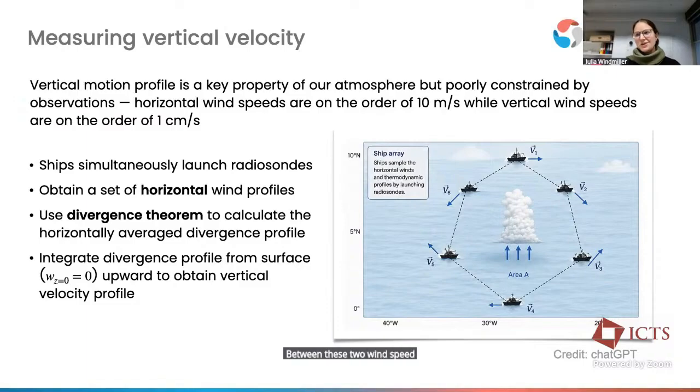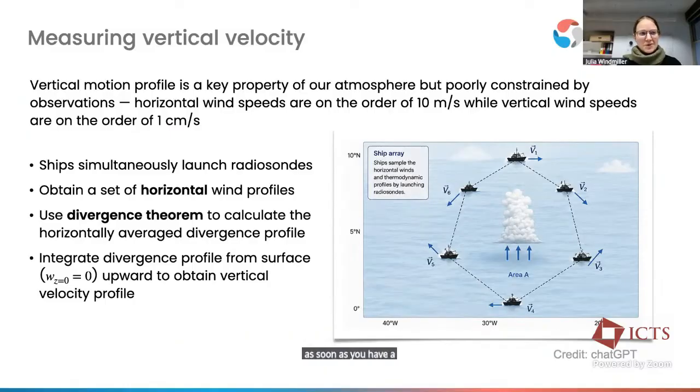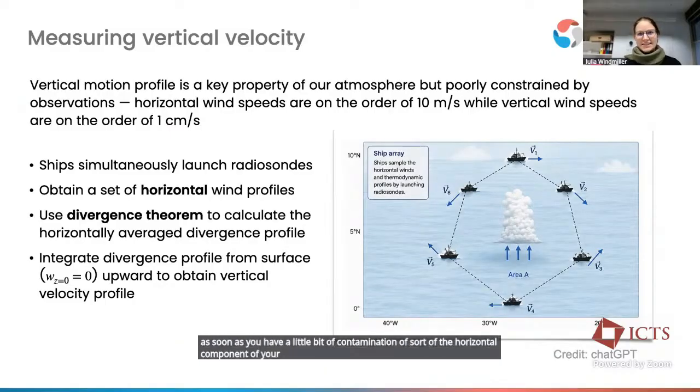That means when you build any kind of device for measuring this, as soon as you have a little bit of contamination from the horizontal component of your wind field, that's in the end the only thing you can actually measure. So it's very easy to measure horizontal winds and extremely hard to measure vertical winds.